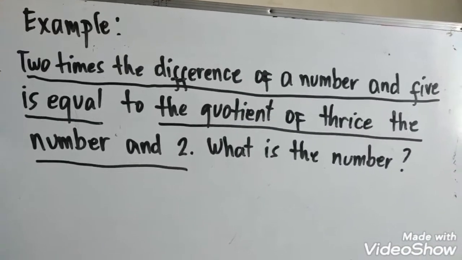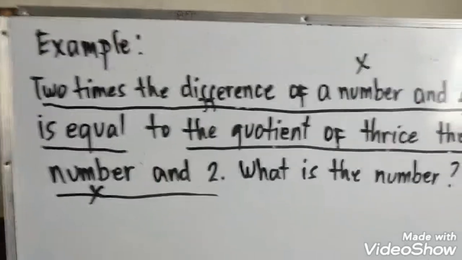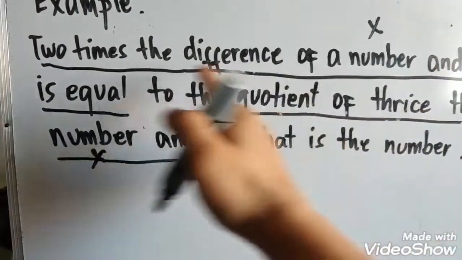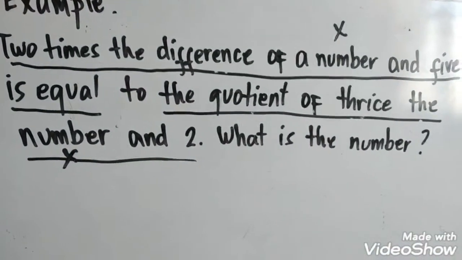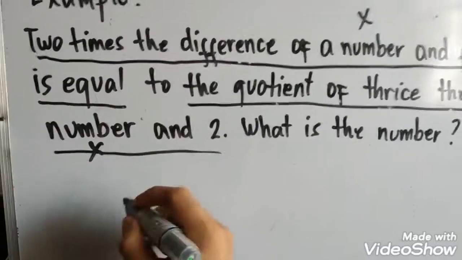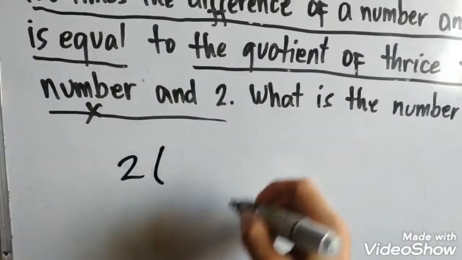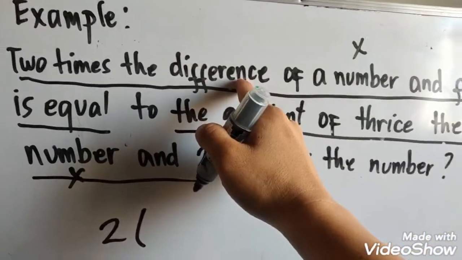So let us now represent. Based on our analysis, we have 2 times the difference of a number and 5. How are we going to represent that in a mathematical statement? So 2 times what? That is times the difference. Now, remember, difference suggests subtraction.